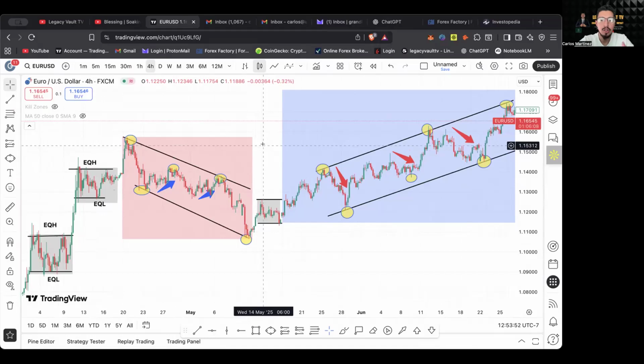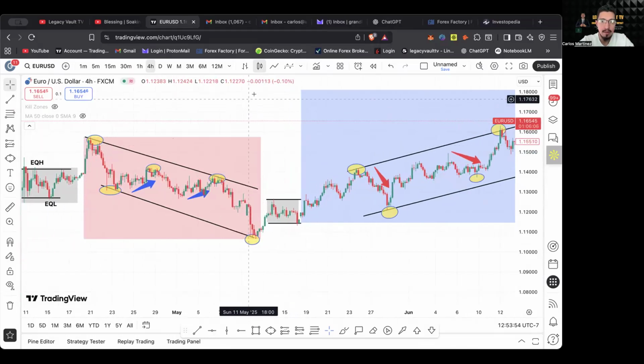And it's good to train your eyes and practice by drawing this. Just like how I'm showing you guys here, this is how I practice. I practice by backtesting and taking the time to draw these higher highs and higher lows, lower highs, lower lows, equal highs, equal lows on the chart.